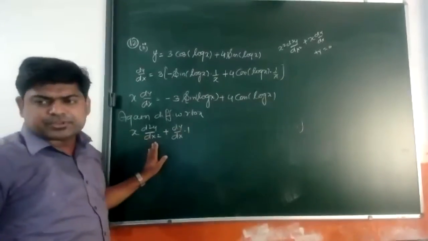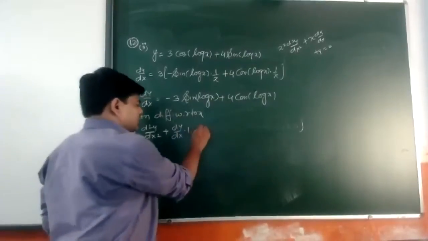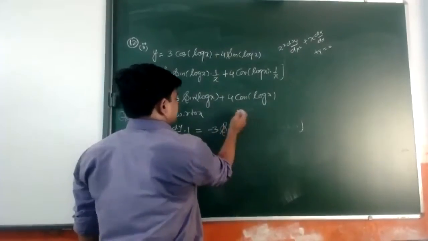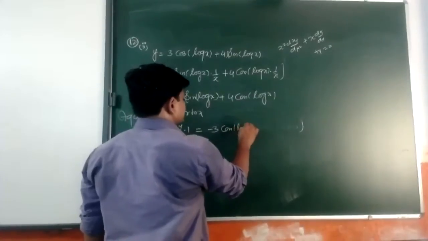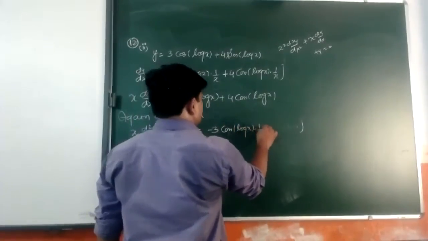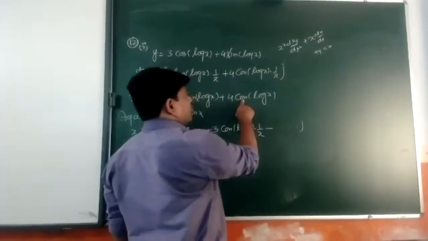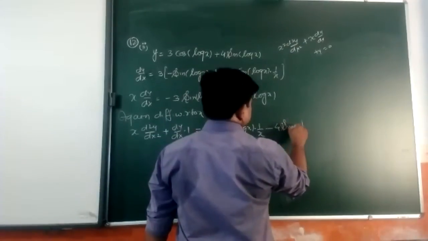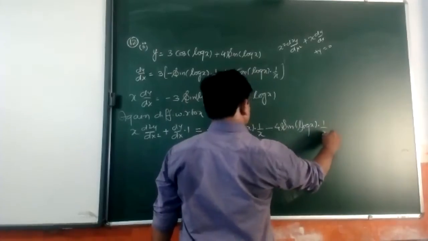First into second differentiation plus second into first differentiation is equal to minus 3 sine, differentiation of sine x into cos x. It is cos log x into 1 upon x. Differentiation of cos will be negative, so minus 4 sine log x into 1 upon x.